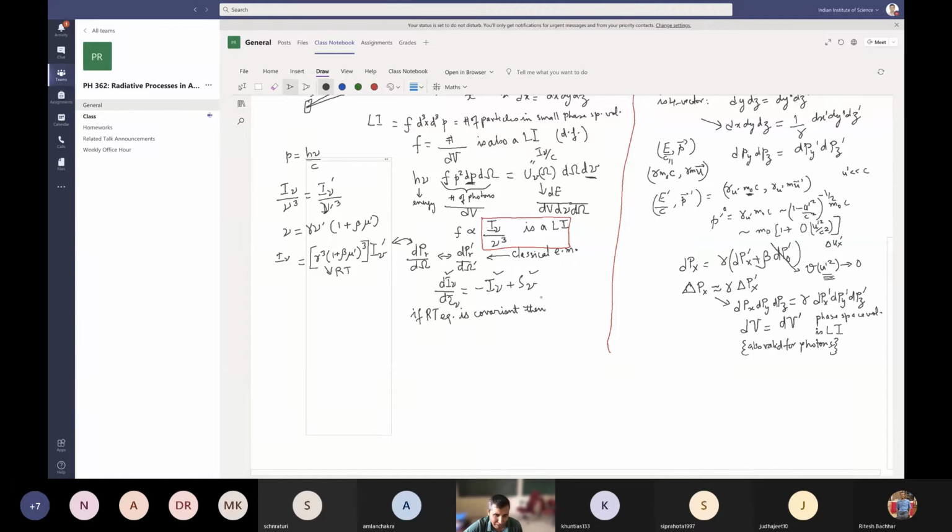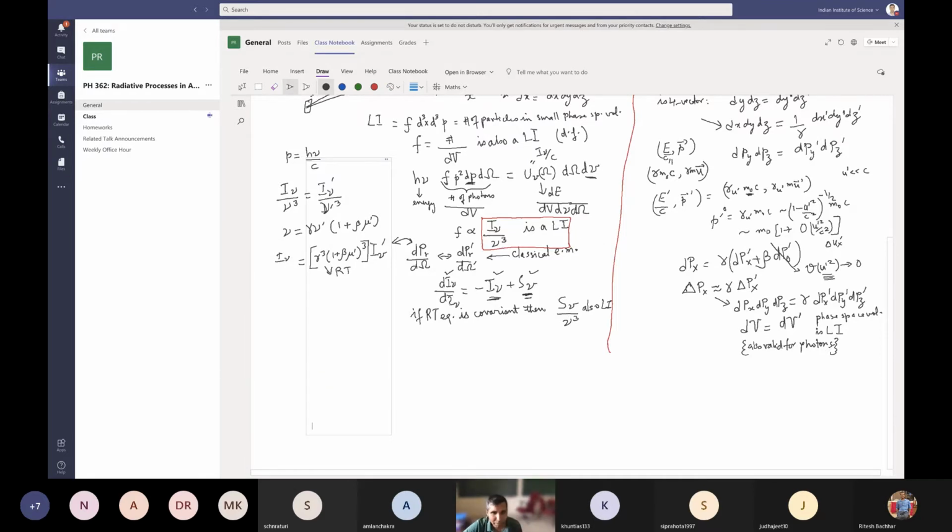Whenever you write some equation, if the form of the equation is valid in different frames, then each of the terms in the equation which are added should transform in the same way. So that means S nu by nu cube is also a Lorentz invariant. Do you see the argument? The source function is a Lorentz invariant.